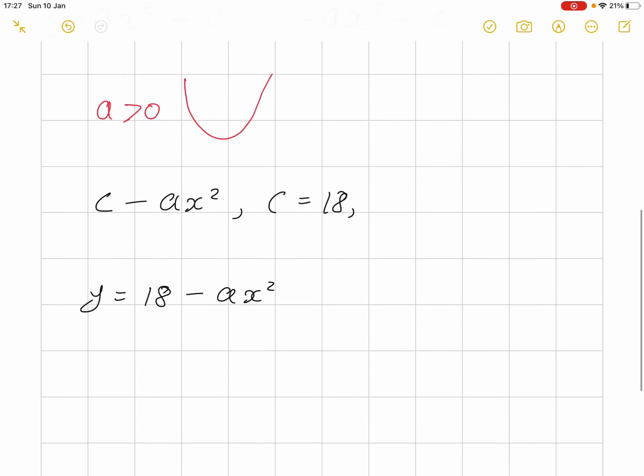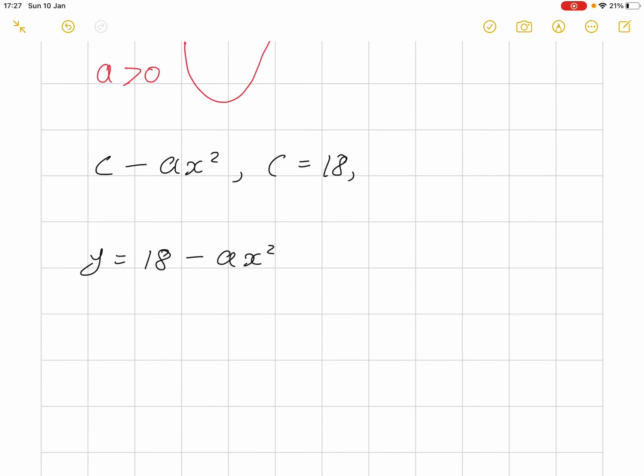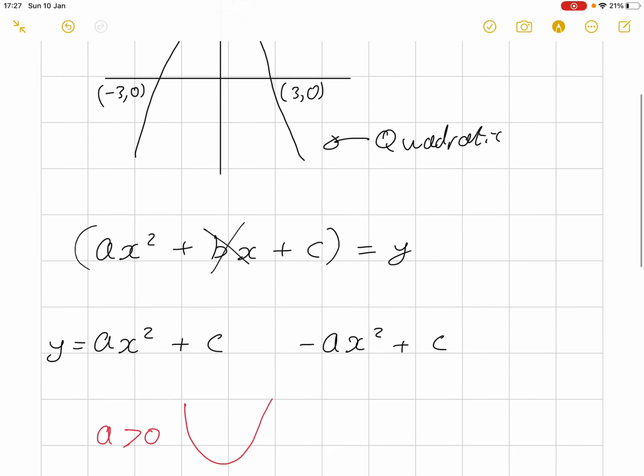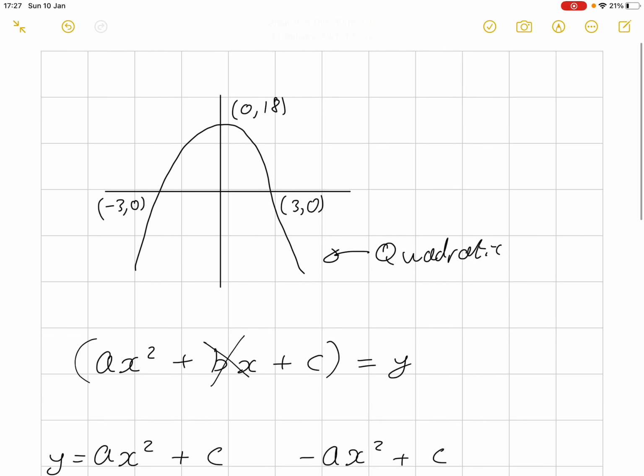Well, for that, we need to use the fact that this whole thing is equal to 0 when x is equal to 3 and minus 3. Why is this the case? Because if we look at the value of the graph, it is the largest at 18, and then it gets smaller and smaller, and then we have 0 here, and by the same principle we have 0 here.